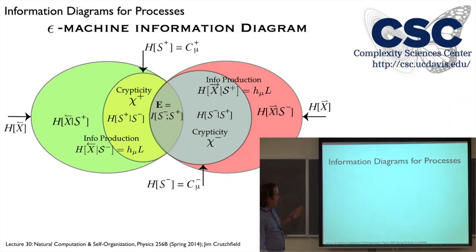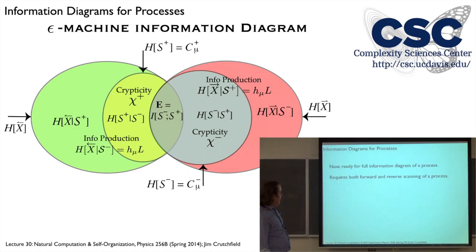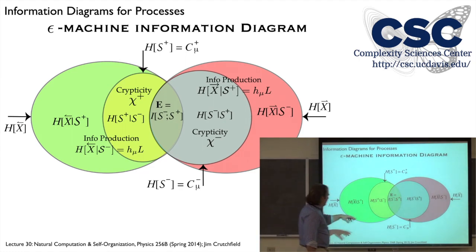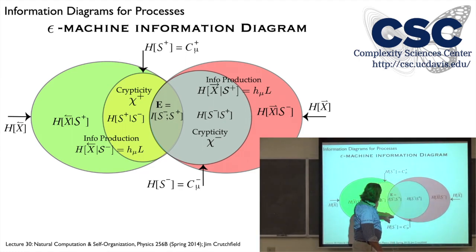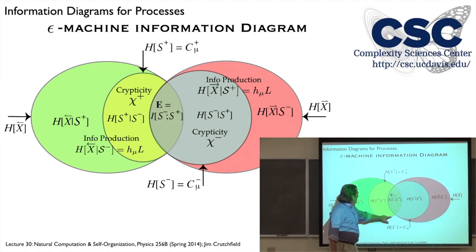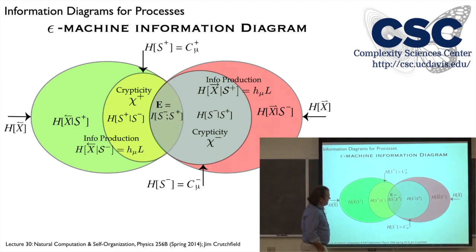So to summarize all this graphically, we have our information diagram, where every atom in the information measure picture can be interpreted. So we have our future and our past here. The excess entropy now, we've rewritten it in terms of the mutual information between past and future states.